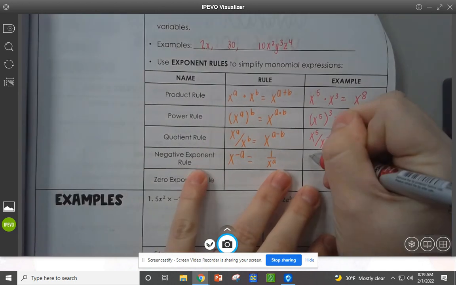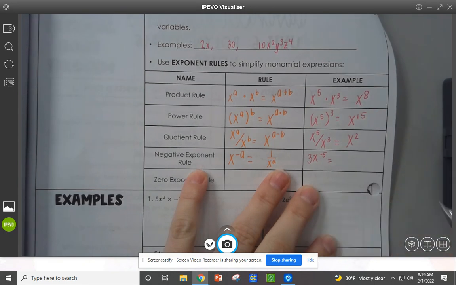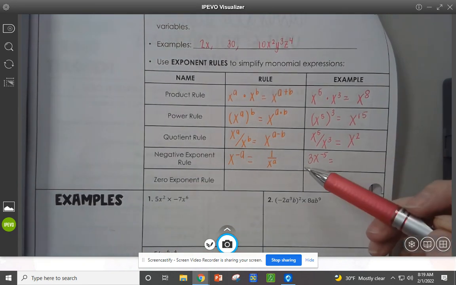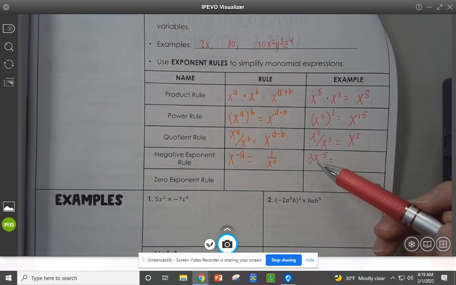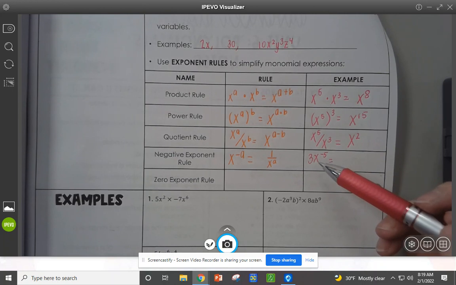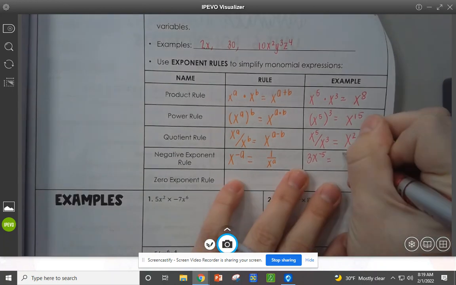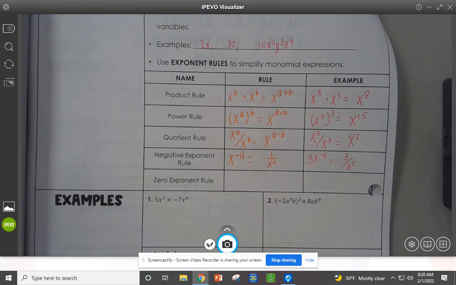So if I have 3x to the negative fifth power, the number in the front does not move to the bottom. Only what's getting that exponent. This 3 is not being raised to an exponent of negative 5. So the 3 would stay up top, and then the x to the fifth would come to the bottom.